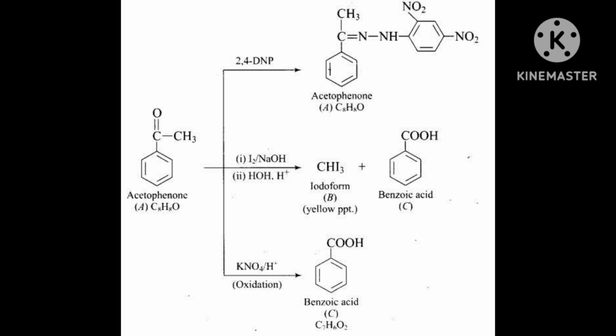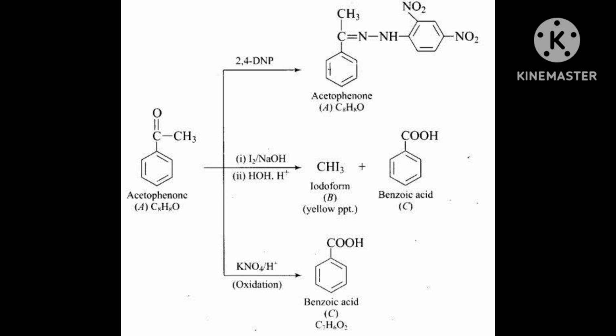But here the yellow precipitate is CHI3. Then again it is supporting that the compound is a ketone only. This benzyl methyl ketone gives yellow iodoform when it reacts with NaOH. Then it is also supporting that compound A is a ketone.